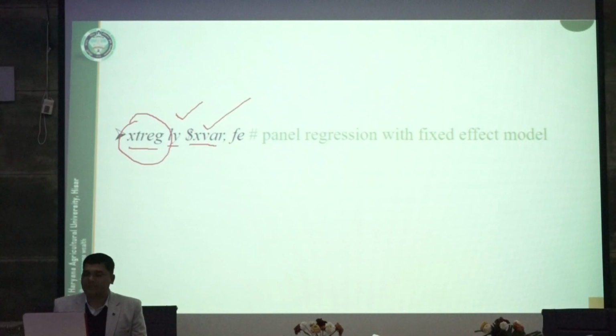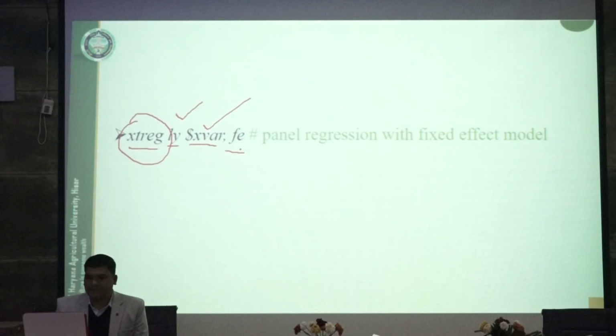This dollar is the sign to use these stored variables as a single variable. Here xvar is not a single variable, it has three input variables, and this fe stands for a fixed effect model.